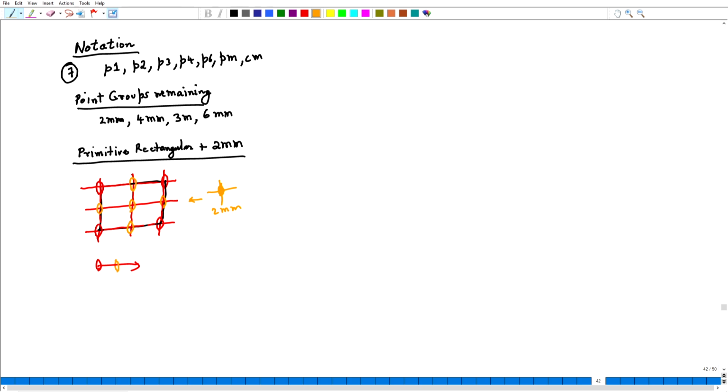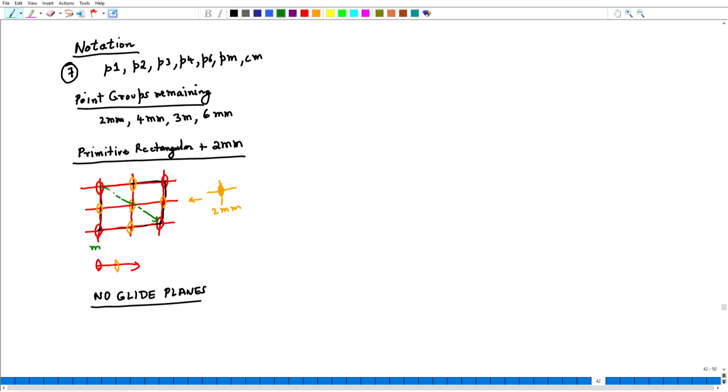One thing is very clear in this, that there are no glide planes here, because any attempt at trying to do this, for example, I could consider this mirror and this translation.